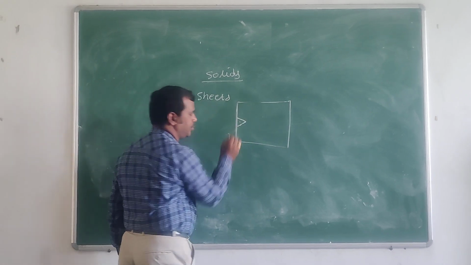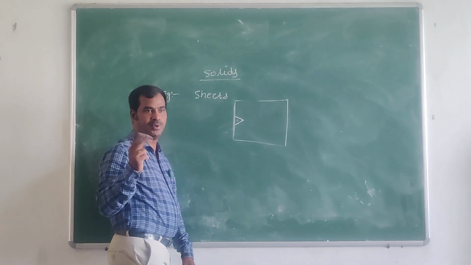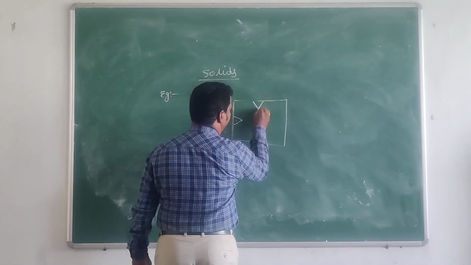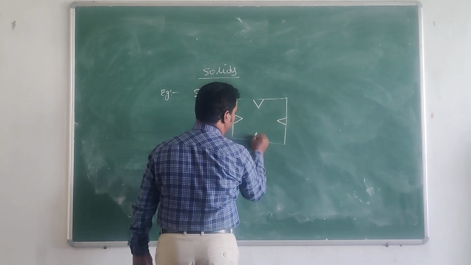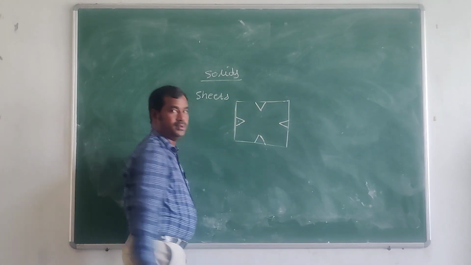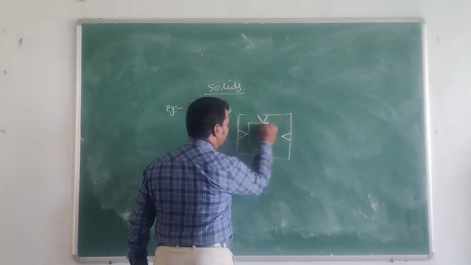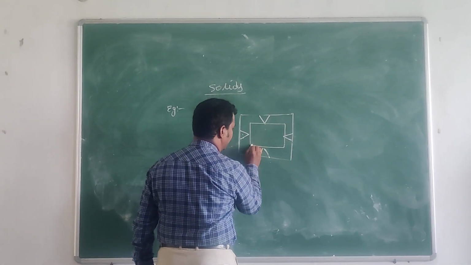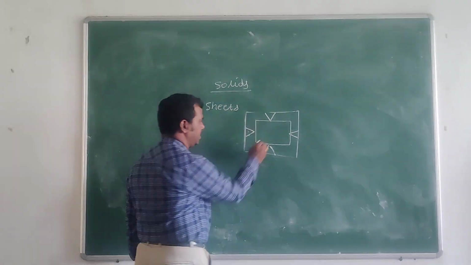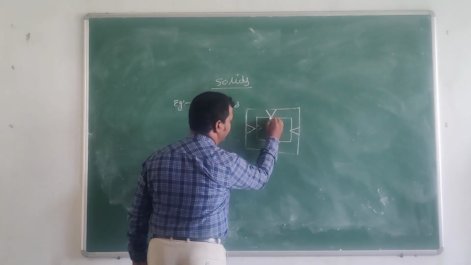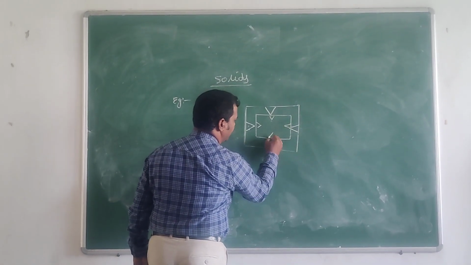First, we take a sample from here with the help of a cutter, and then here, then here, and then here. Then take another piece, from here, from here, from here.